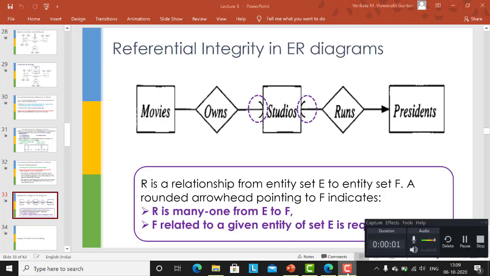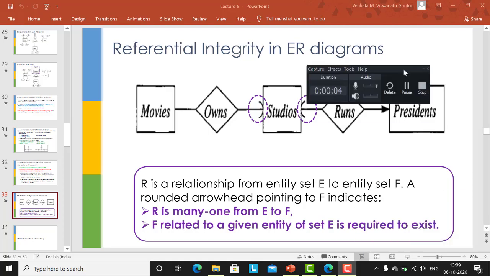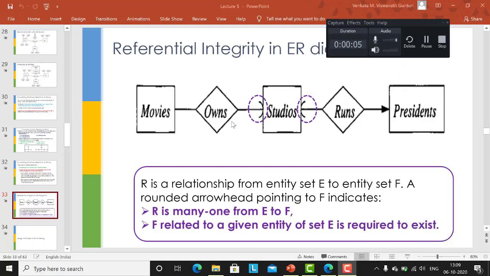What that means for our example is that if we have a many to one relationship from movies to studios, and then I have a rounded arrow like this, then it means that if a movie is pointing to a studio, then that studio entity should exist in real life.